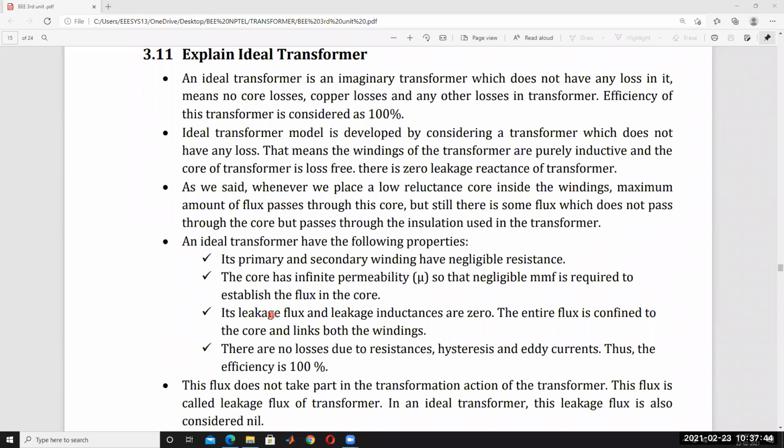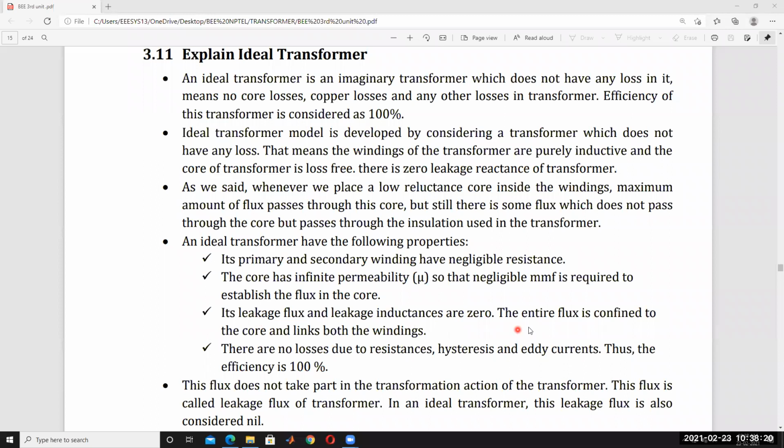But some small amount of flux generated on the primary side is not linking with the secondary side; it passes through the air. That flux is called leakage flux. Leakage flux and leakage inductance are 0 for an ideal transformer, but practically some leakage flux is there.